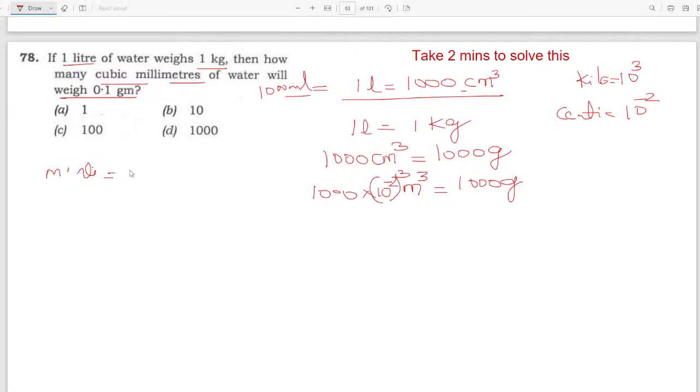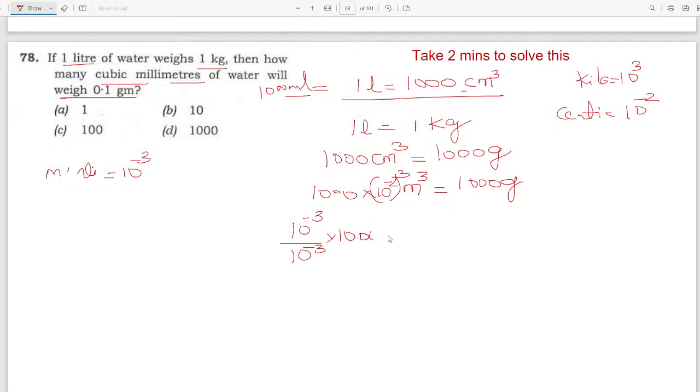So I'll multiply and divide by 10 raised to minus 3 here, into 1000. Since I multiply and divide, there will be no net effect.